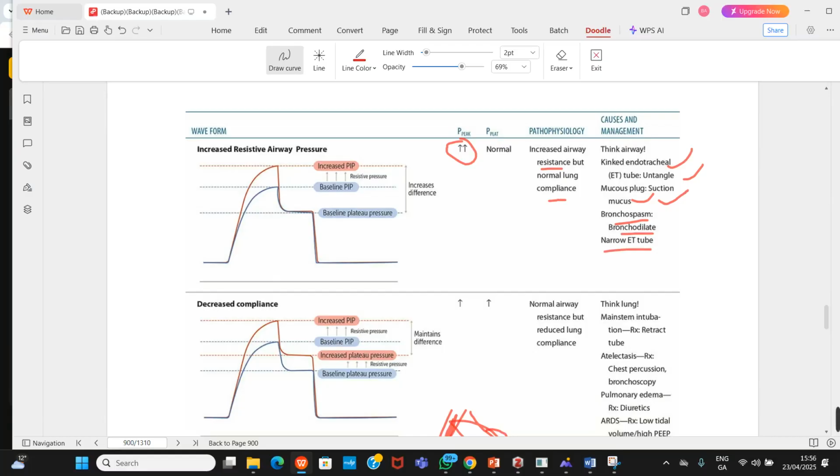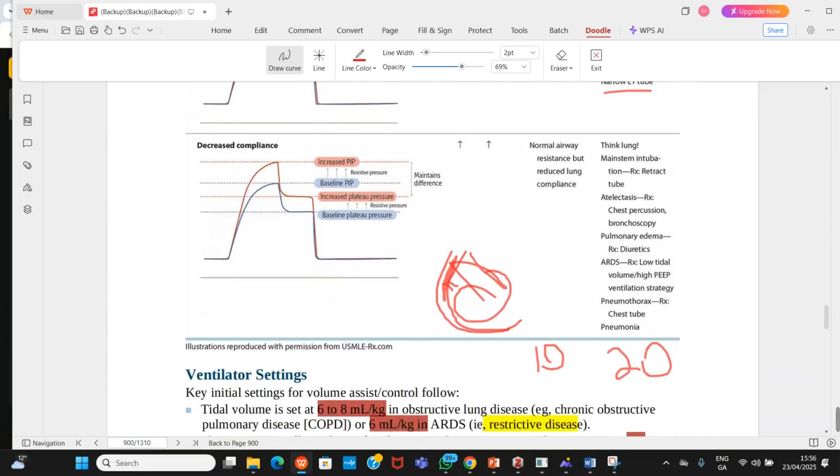If it's due to kinking or a mucus plug, that's why you see them suctioning the endotracheal tube, because the peak inspiratory pressure is increasing and the resistive pressure is also increasing. If the person is having bronchospasm, bronchodilate. If the person has a narrow endotracheal tube, change it to a wide one. All these things can cause increased resistive airway pressure.